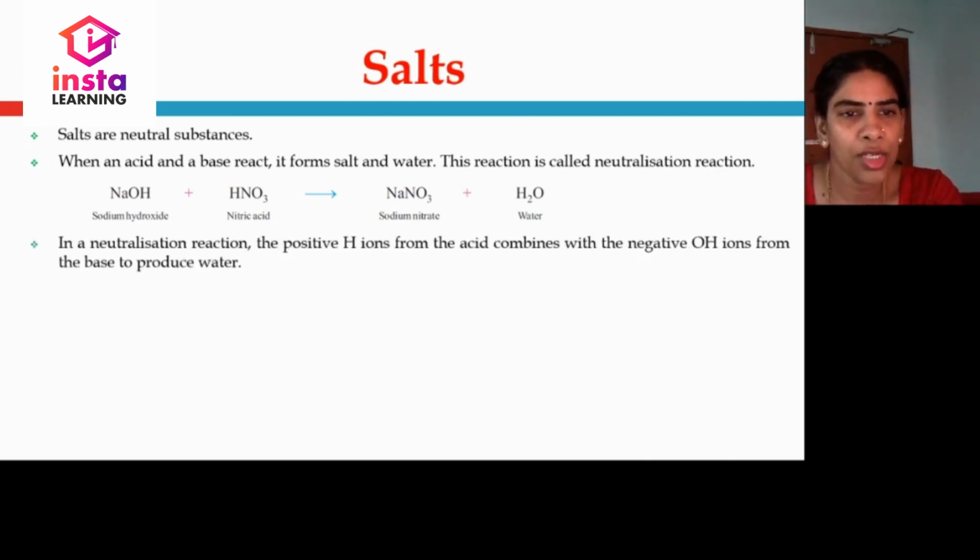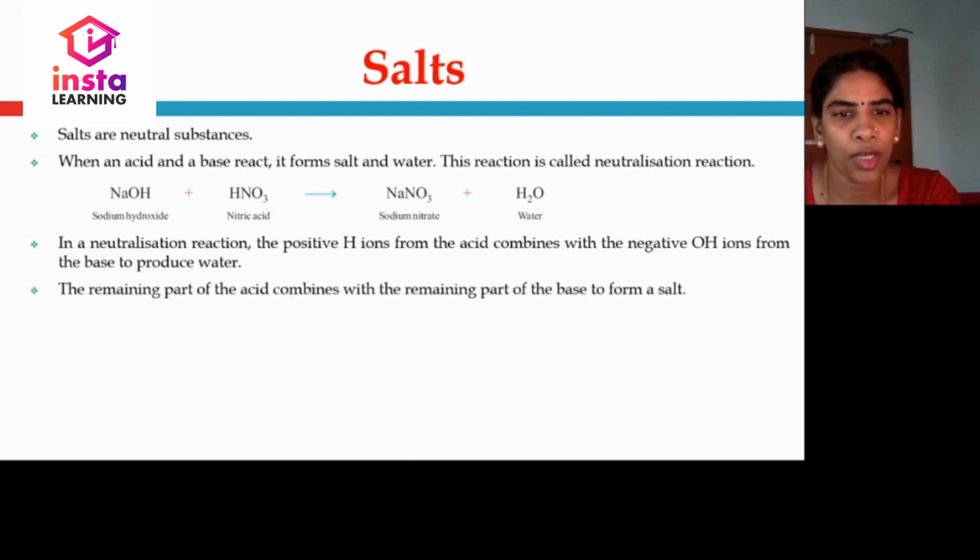In a neutralization reaction, the positive hydrogen ions from the acid combine with the negative hydroxide ions from the base to produce water. The remaining part of the acid combines with the remaining part of the base to form a salt. You can see the equation.